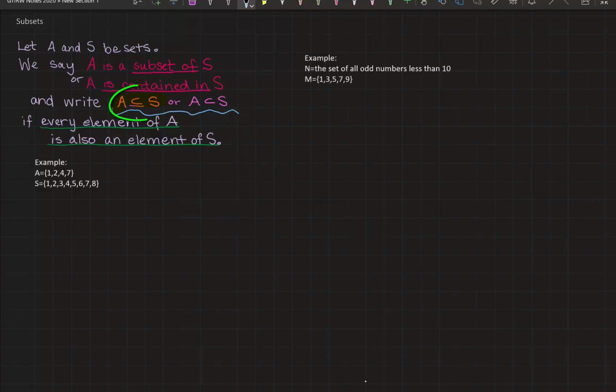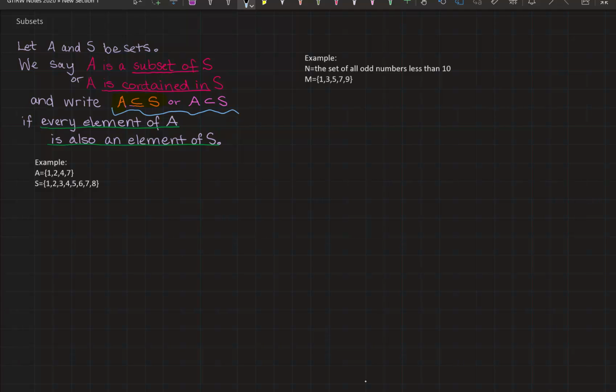The notation on the left with the bar underneath it that kind of reminds you of a less than or equal to sign is frequently used to mean that the set S and A actually might be the same set, and we'll talk about that when we get to set equality.